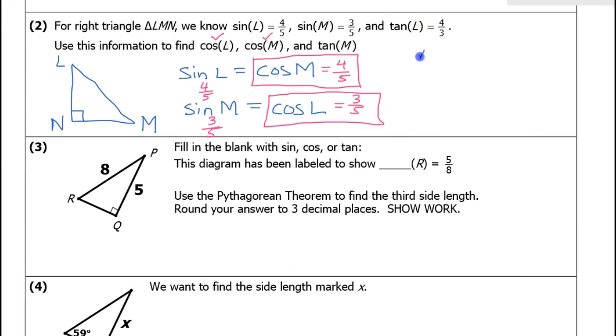It turns out that the tangent of one of the acute angles in a right triangle and the tangent of the other acute angle will always be reciprocals of each other. When I say this word reciprocal, I'm talking about 2/3 and 3/2, for example. These are reciprocals.